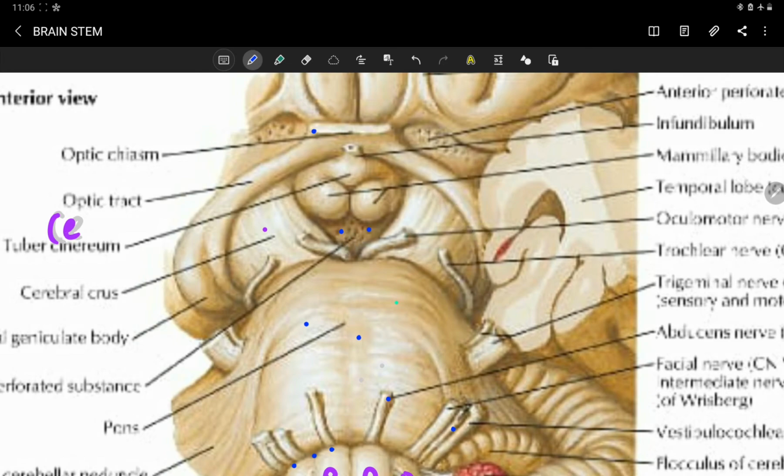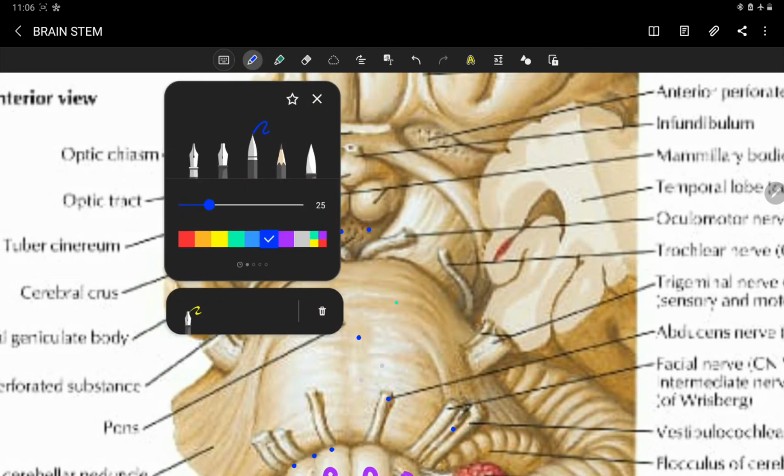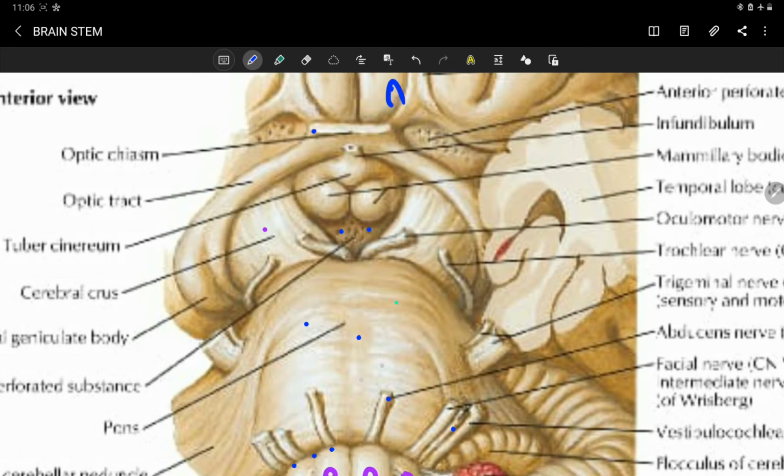So first let's discuss the boundary of the interpeduncular fossa. This is the anterior aspect, this is the posterior aspect.